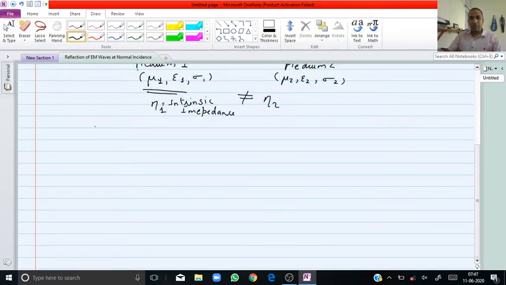Now assume that the EM wave is traveling in the positive z direction.